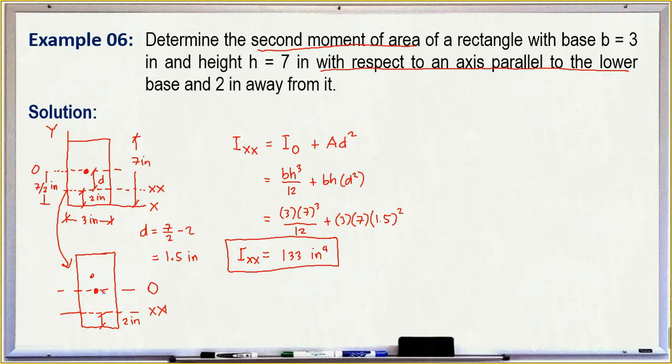So the distance is again from the centroidal axis towards the axis XX. So that is D. Okay. What other questions do you have? Okay, none.